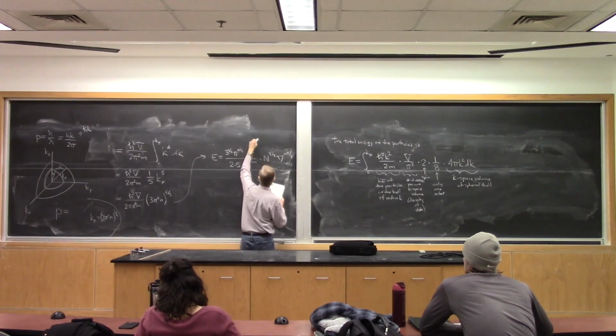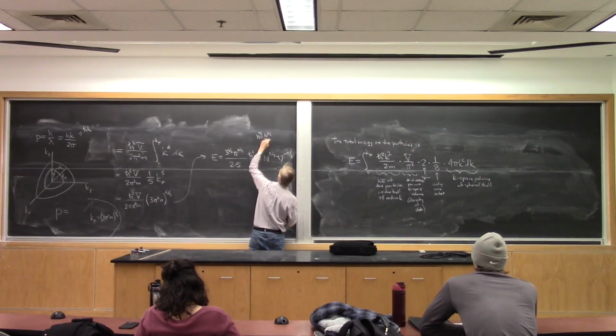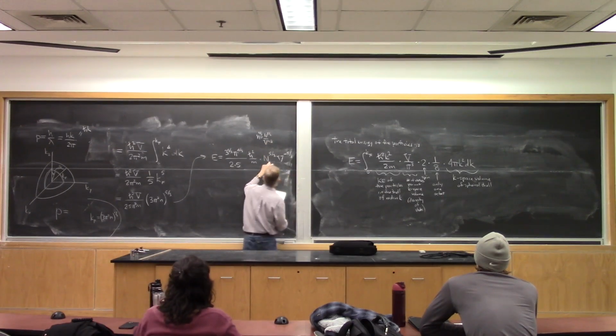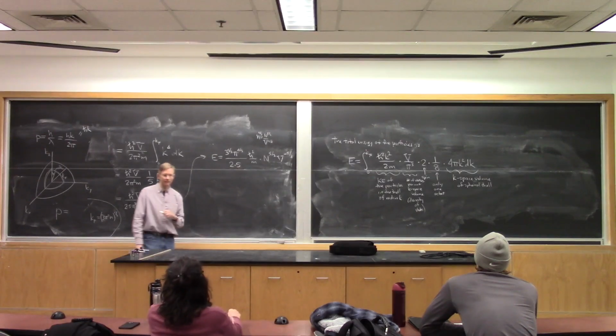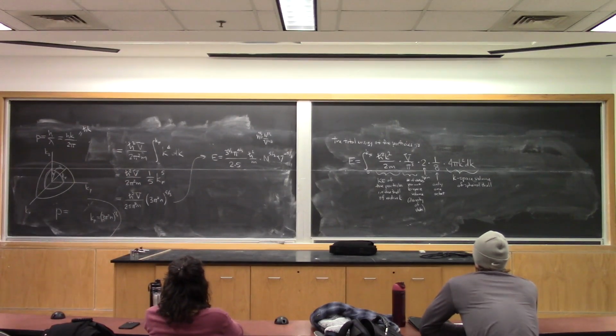In other words, little n, number per unit volume to the 5/3, well, that's n to the 5/3 over volume to the 5/3, right? But that's the same thing as number to the 5/3 times volume to the minus 5/3. And I'm doing that because we're going to take a derivative with respect to volume. So let's write it as V to the minus 5/3.